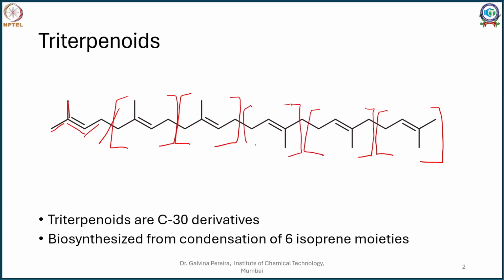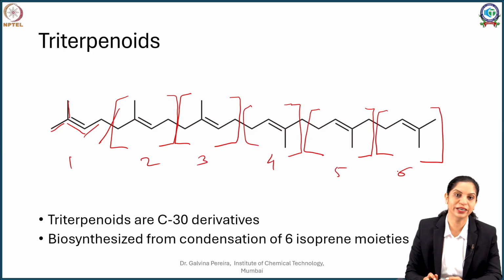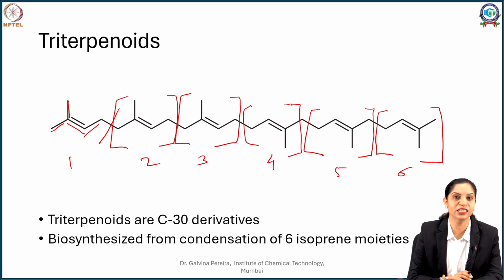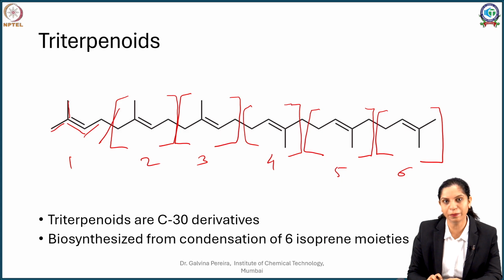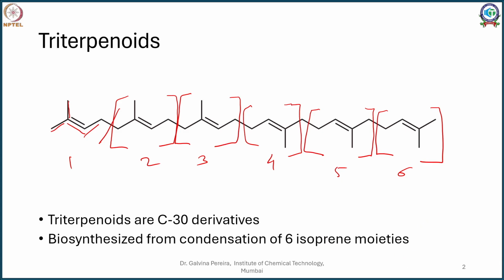So you have about 1, 2, 3, 4, 5, 6 isoprene units joined to each other. Each isoprene unit contains 5 carbons, so naturally we have C30 compounds combining to form triterpenoidal compounds.